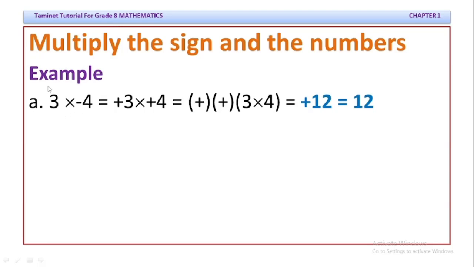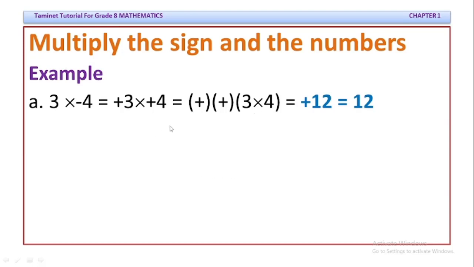Now take the sign of the two factors here. 3 means plus 3, and here also use it as it is, plus, plus and plus. The two signs are positive. This is the wrong way of writing, so this is a mistake. So the correct one is plus 4.